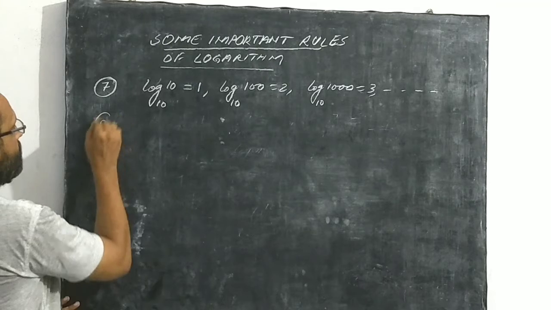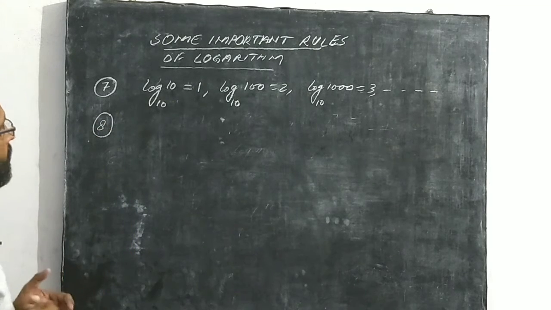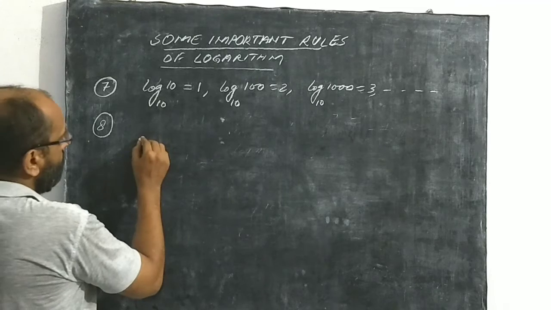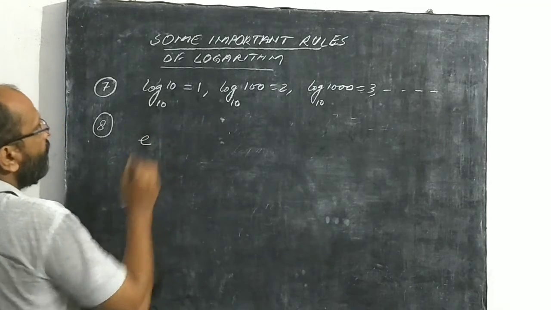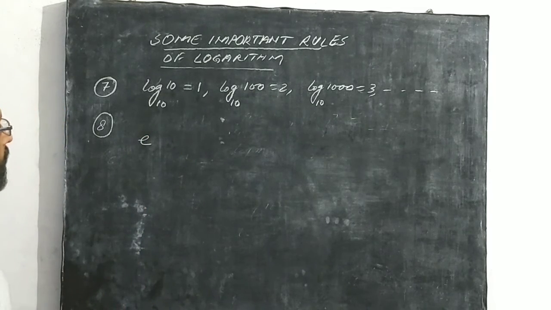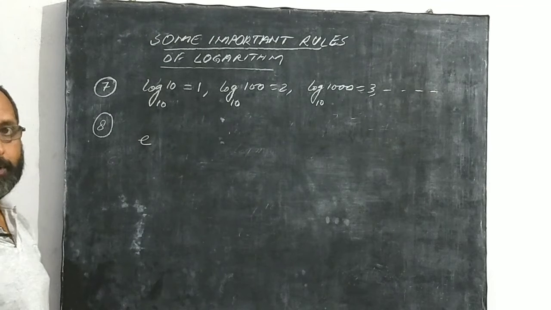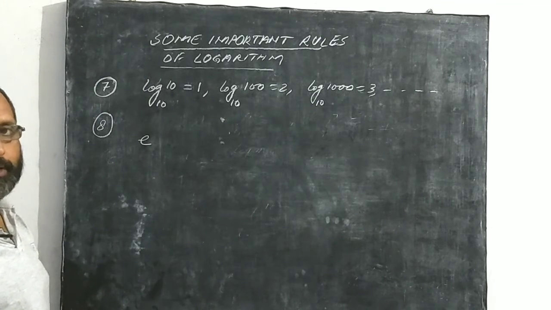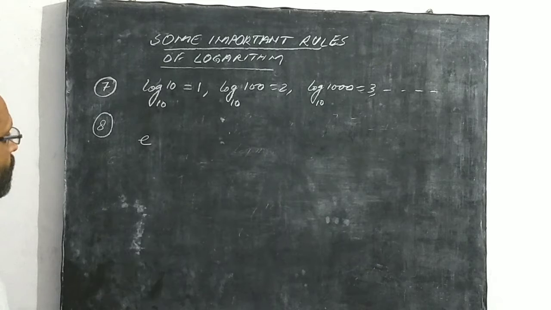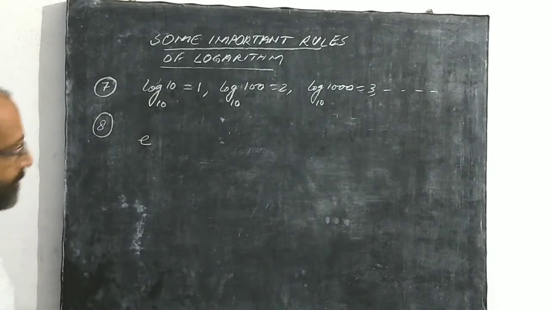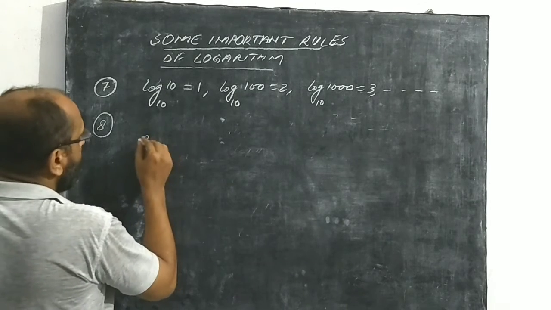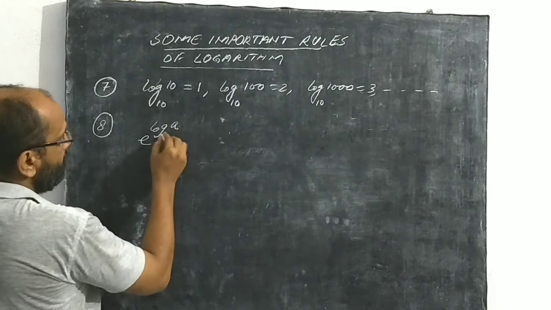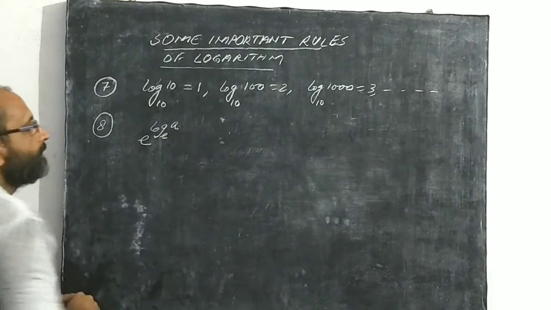So the next law is the eighth law. This law is rarely used but very beneficial in the study of calculus, differential and integral calculus. So e raised to the power log a base e.